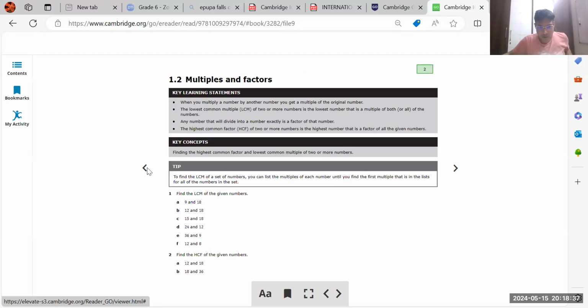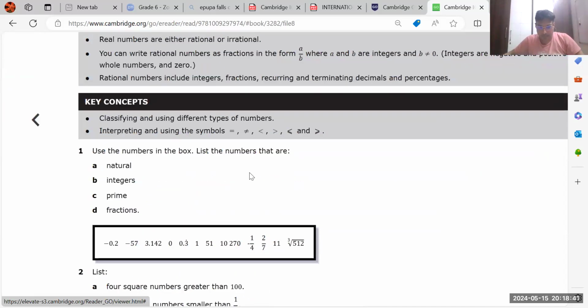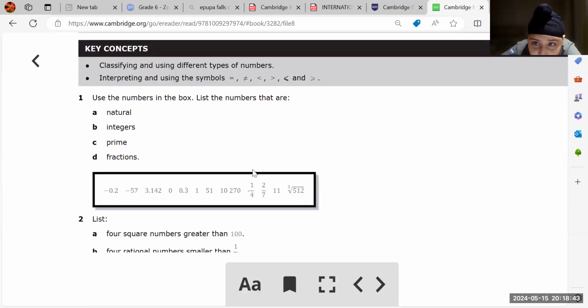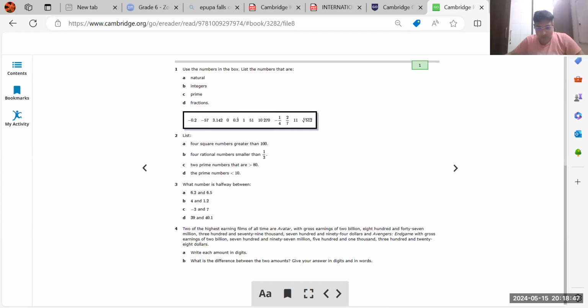This is the workbook. So can you share the code for the workbook? Sir, but one code can be only used one time. Yes, one time.